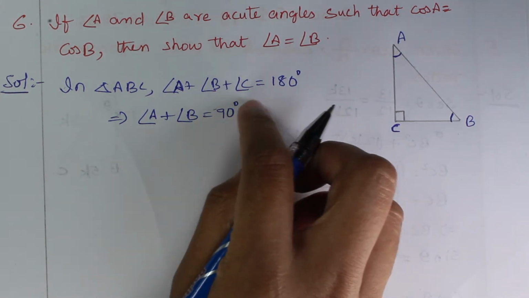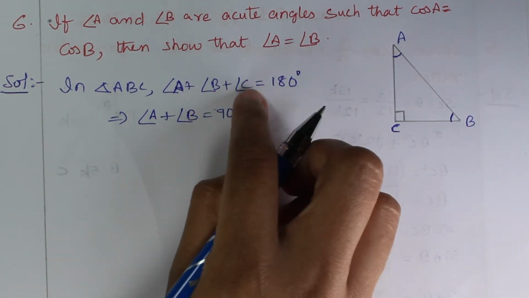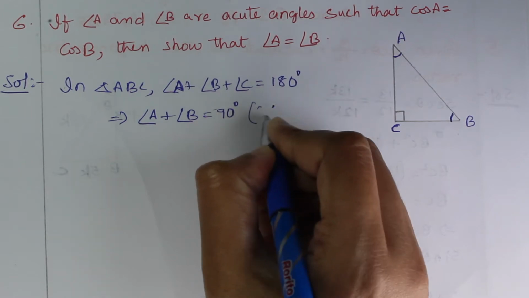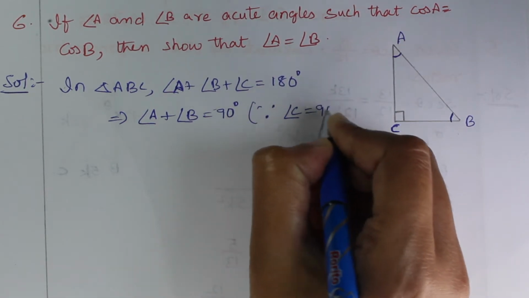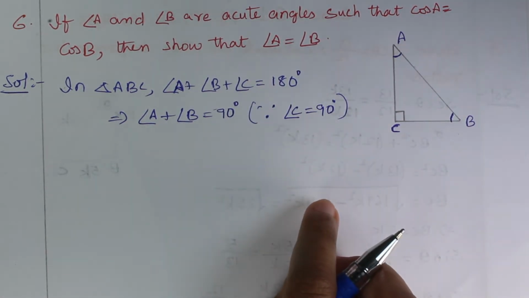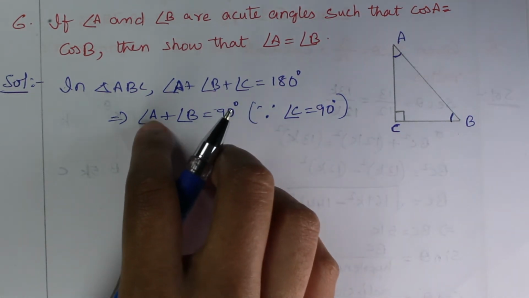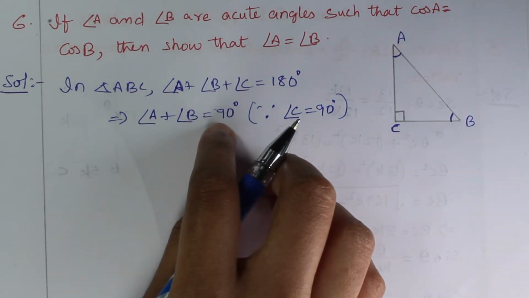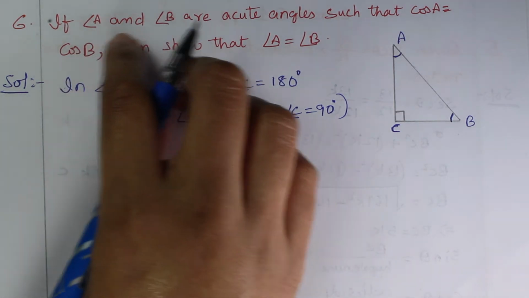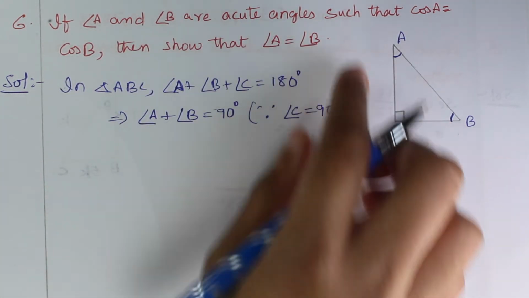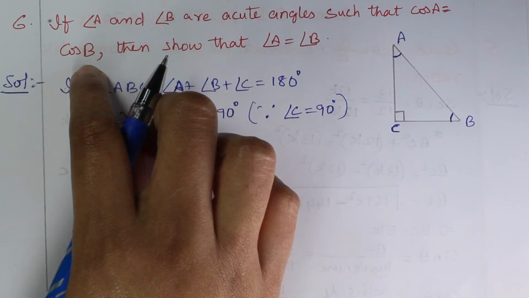Why is angle A plus angle B 90 degrees? Because angle C is equal to 90 degrees. Now this shows that angle A and angle B are less than 90 degrees, which means angle A and angle B are acute angles.